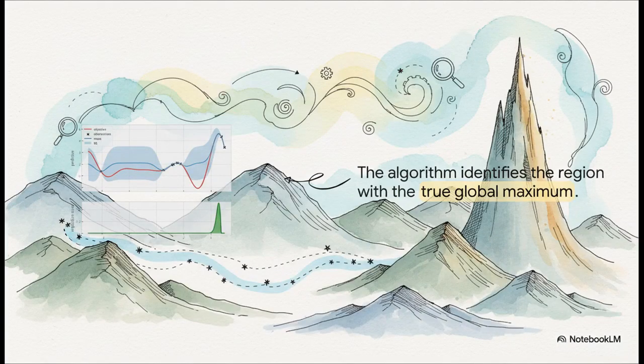And boom, after it goes exploring, it finds the real highest peak way over on the right. From now on, the strategy is going to focus all its attention right there to nail down the exact maximum. So by smartly balancing that trade-off, exploring the unknown versus exploiting what it already knew, it found the absolute best answer without wasting a single extra test on those less promising areas.